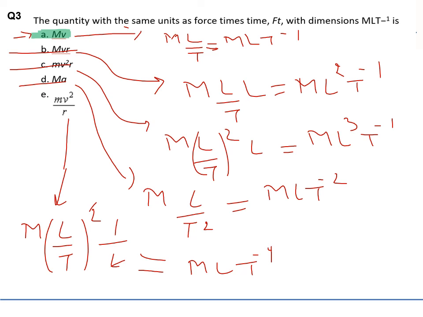This is T minus 2 because L also has the same power, right? So MLT⁻². So that's again not the answer. So we have the answer in this question, the A part, mv.